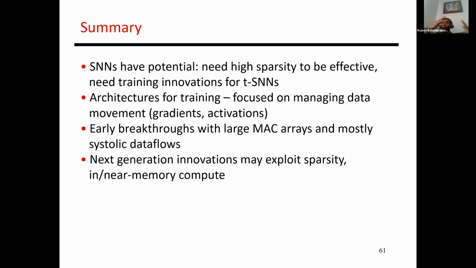So Simba, if you look at one of these chiplets, or if you look at one of these packages, the total storage that the entire package has is just a few megabytes, whereas training needs several megabytes and several gigabytes worth of data, right? So something like Simba would do a really bad job on training, right?